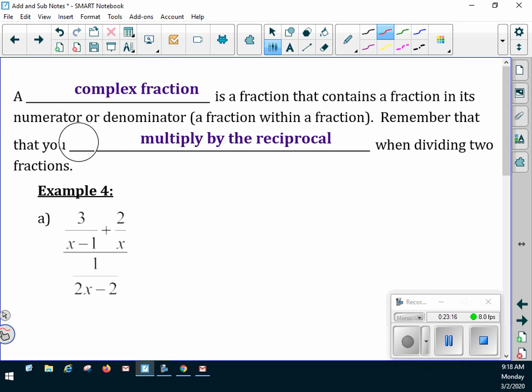Remember that you multiply by the reciprocal when you divide by a fraction. Here's what I will promise you. These are not as hard as they look. You don't believe me, but I promise they're not as hard as they look.